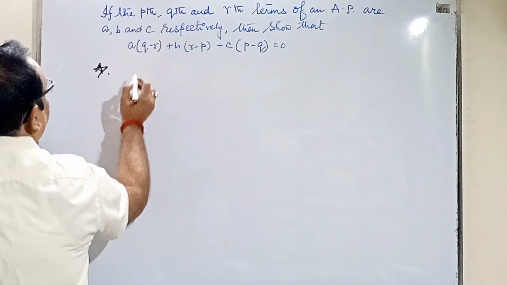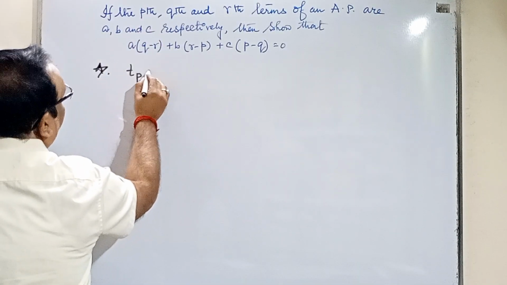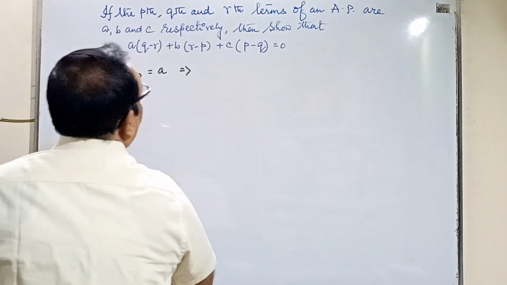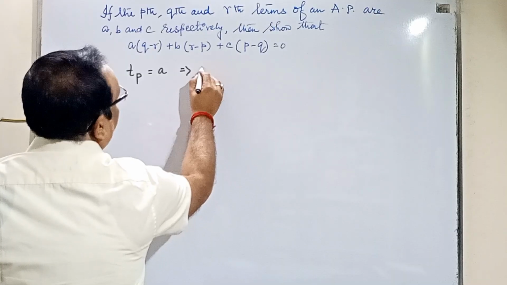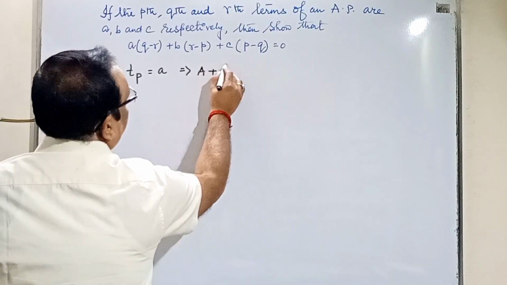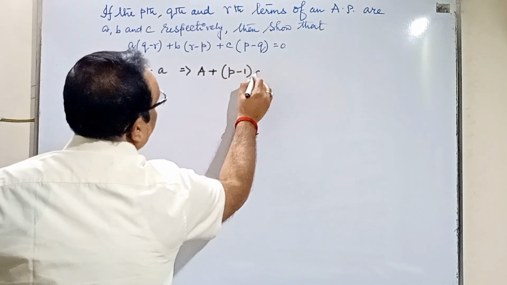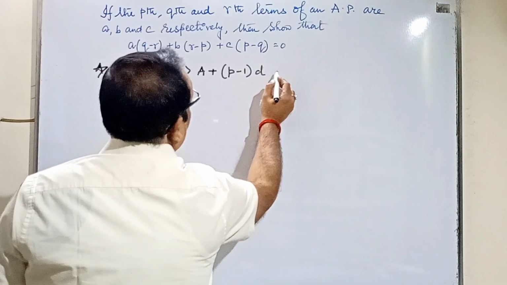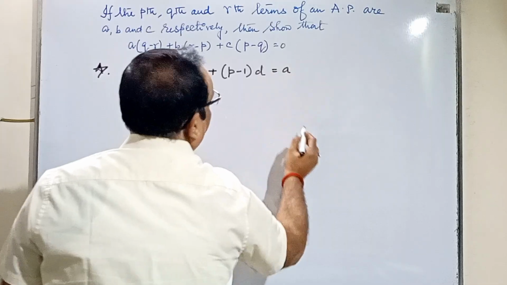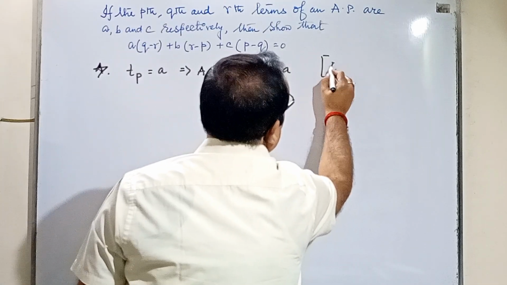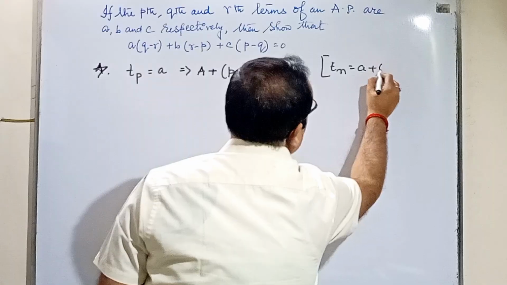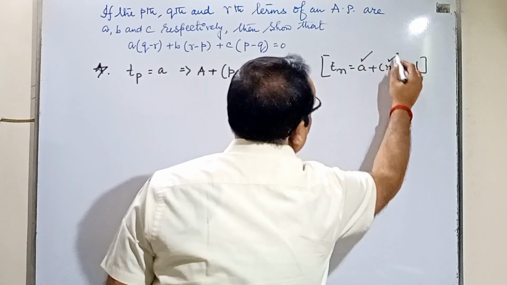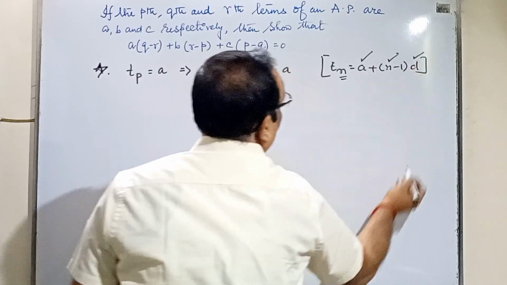So what we have? It is given the pth term is A. Now what is the pth term? The pth term means first term plus (P minus 1) into D, where A is the first term and D is the common difference, is equal to A. Since we know the formula for the nth term is A plus (n minus 1) into D, where A is the first term, n is the number of terms, and D is the common difference.